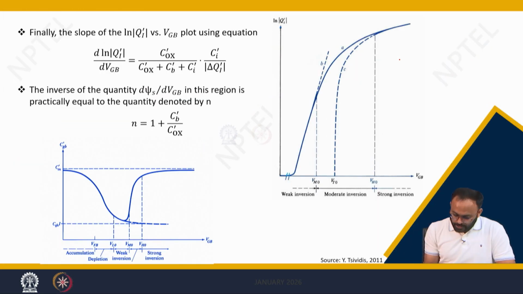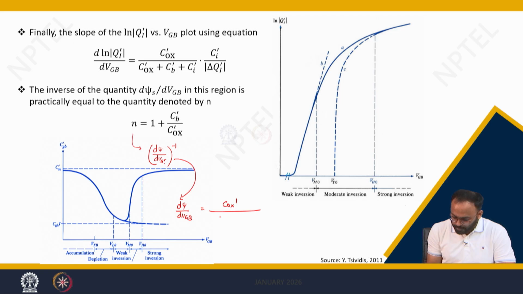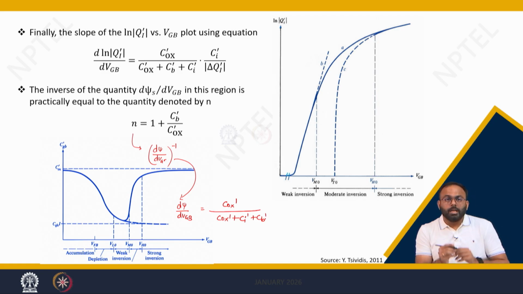So what we said is this N is nothing but d psi by dVGB inverse, and in the previous slide we have calculated d psi by dVGB is equal to Cox dash divided by Cox dash plus Ci dash plus Cb dash. But the slope factor, the ideality factor, we talked about in weak inversion.